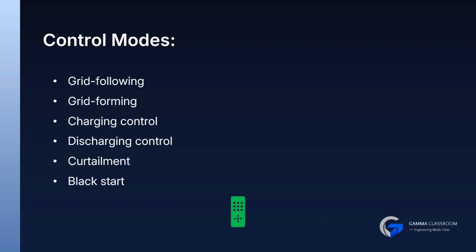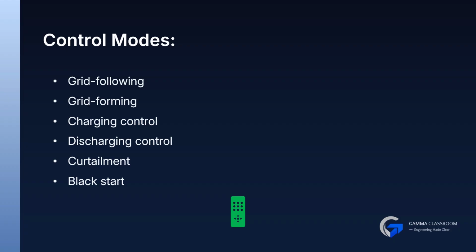Inverters operate in multiple control modes depending on grid conditions and system requirements. Grid following mode synchronizes to the grid and injects controlled current. Grid forming mode establishes voltage and frequency, enabling microgrid operation.